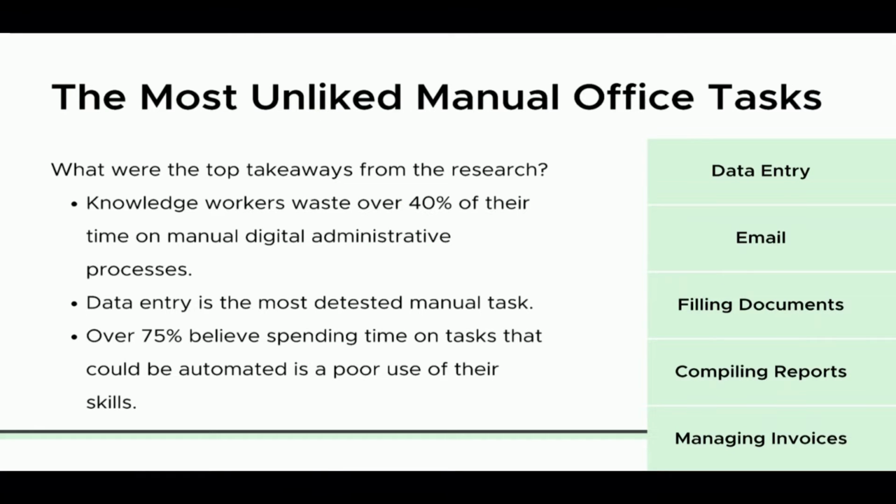Another research by Automation Anywhere showed almost the same thing. The most disliked manual office tasks for employees are data entry, email managing, filling documents, generating reports, and managing invoices.